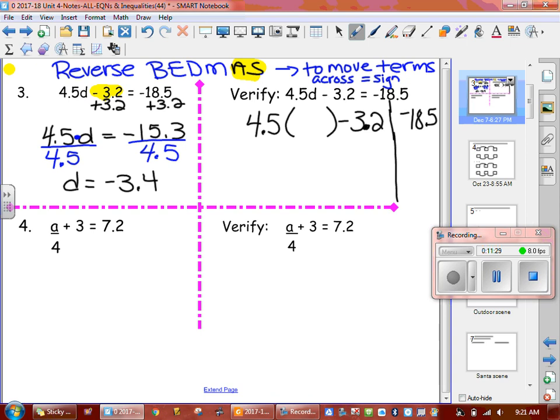Our answer is negative 3.4. We're sticking negative 3.4 in. Okay, any questions on where we substitute? We're putting it in where the d value is. That's called substitution. Now we're going to multiply the two digits together. Who knows your answer? What are you getting?